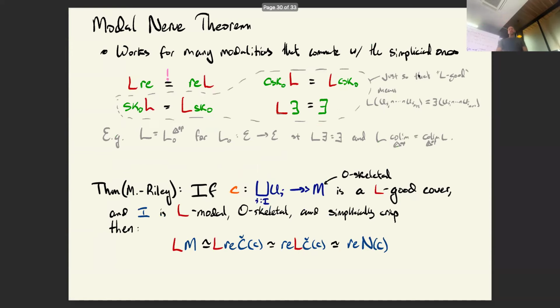When we generalize, this modality could be defined any way. It would be nice if it was accessible, meaning that it is presented by a localization at some small class of things. And it has to commute with the realization, which is a pretty strong constraint.